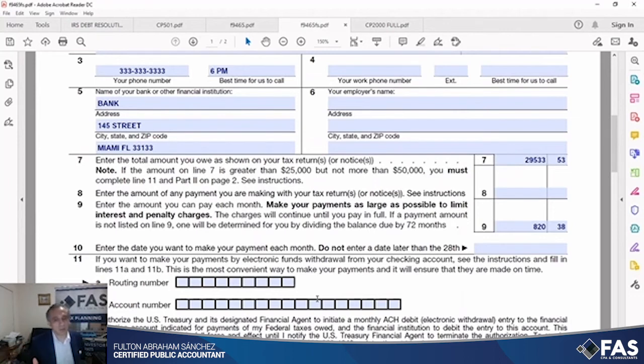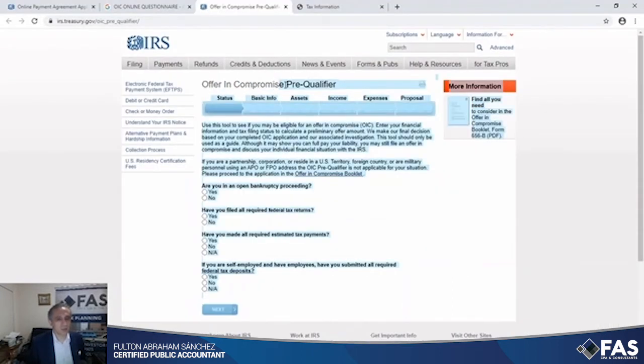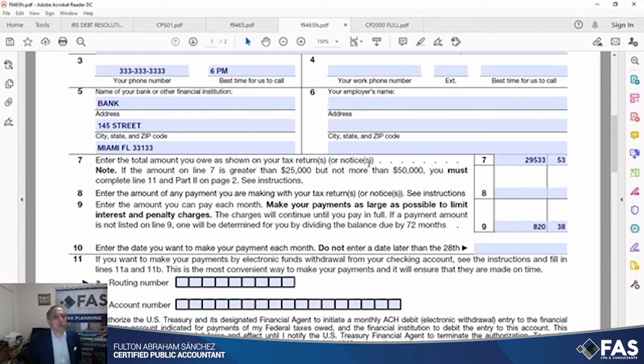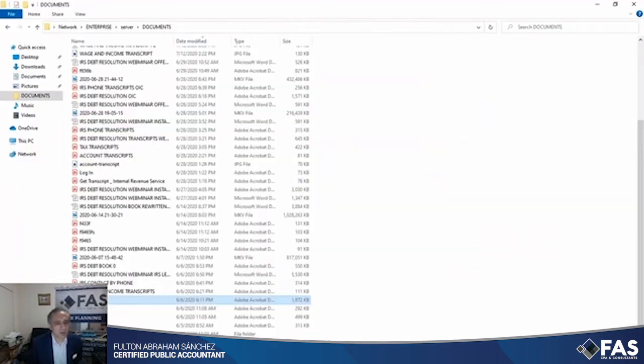The other option is that you do not do an offer in compromise because you do not qualify. Let's say that you go through the offer in compromise pre-qualifier, and at the end the proposal comes back negative. The IRS is not going to accept your proposal. If that is the case, the second option will be to send a Form 433-F with the details to the IRS.